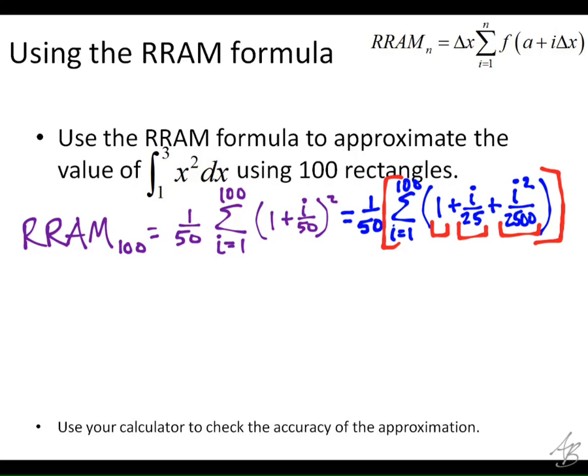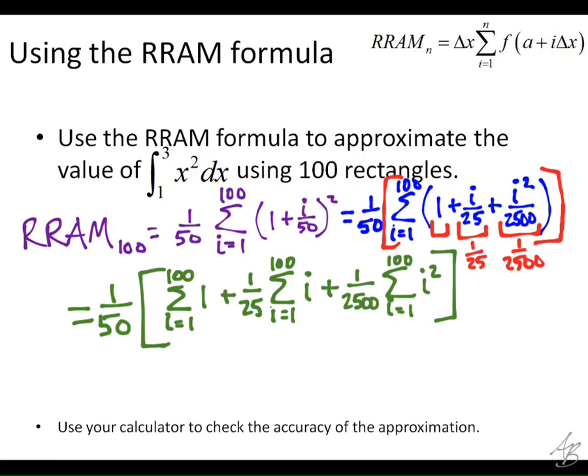Now when I do that, I'm going to factor the constants out. There is no constant in this one besides just the 1, so I'm going to leave that there. The constant in this one is going to be 1 over 25, so I'm going to factor that out, and I'm going to factor out the 1 over 2500 in this one. I'm doing a couple of things here. If you have a question about what I did, let me know.